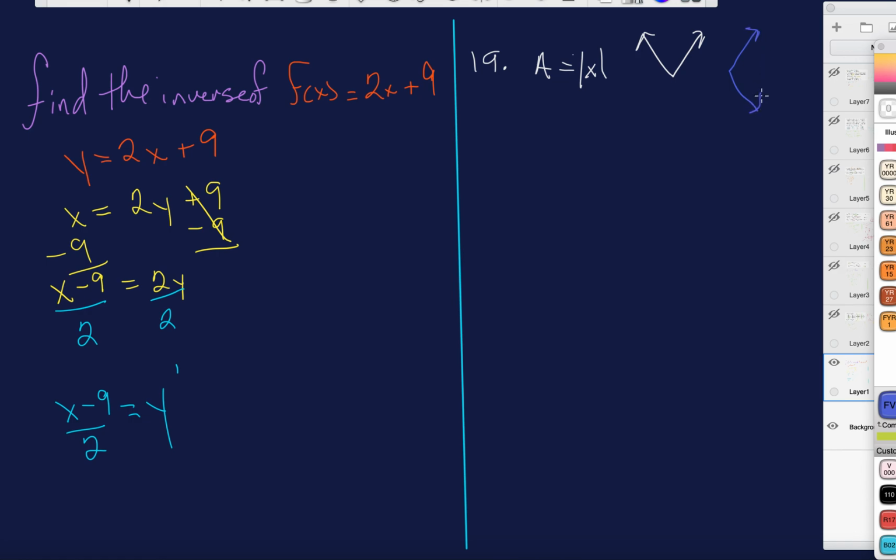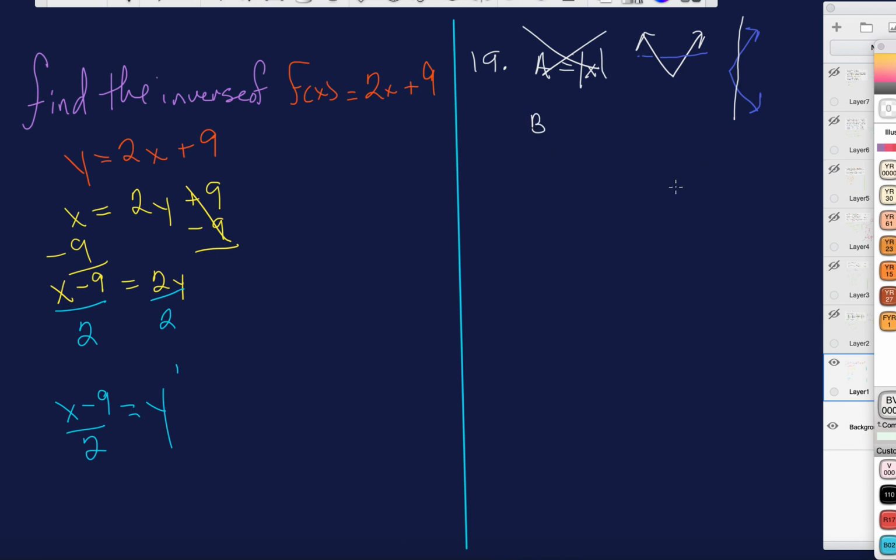Now, we already knew that it didn't have an inverse because it didn't pass the horizontal line test. But if you use this inverse, does it pass the vertical line test? No, it doesn't work.